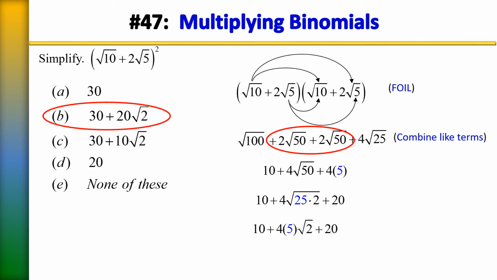Multiply there, which is going to give us 20 outside. We also have our outer integers that we need to go ahead and combine, that 10 plus the 20. So this gives us a final answer of 30 plus 20 radical 2, which is choice B.